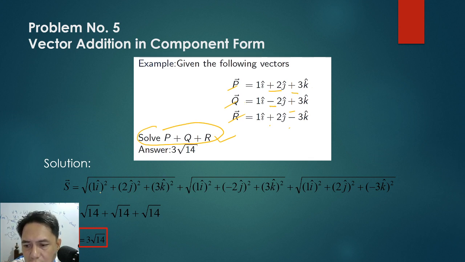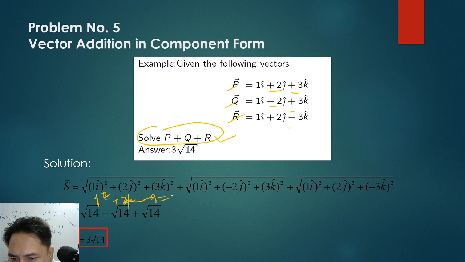So here, as a sample, 1, then 2, square, so it becomes 4, then this becomes 9, right? So that is the solution. So 9 plus 4 is 13, plus 1, 14. Okay, so that is in the P, right?